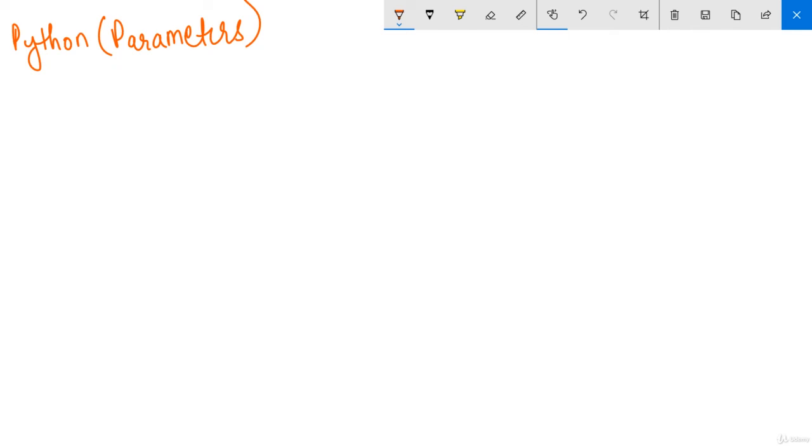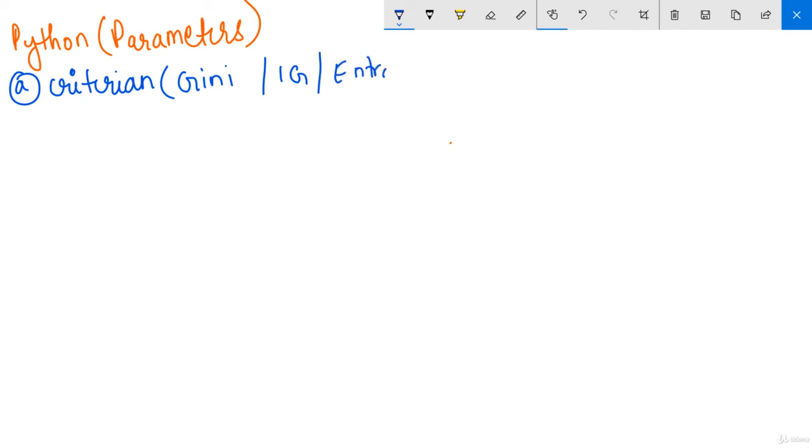There are many actually, but I'll make a note of the most important ones. First is the criterion parameter, in which you will pass Gini or your information gain or entropy. You'll pass this into the parameter.